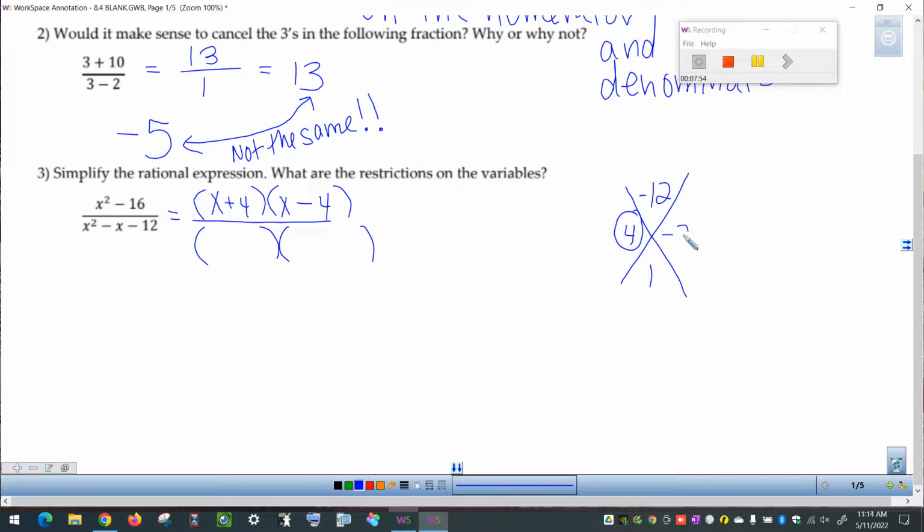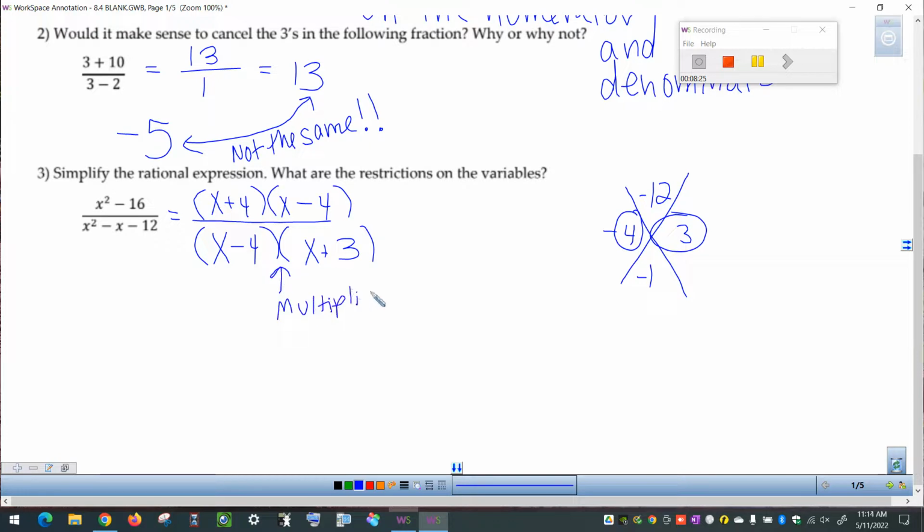It looks like here we can do positive 4 and negative 3. Oh yeah, negative 1, here we go. I moved it down there wrong. Okay, so let's do negative 4 and positive 3. That should work here.